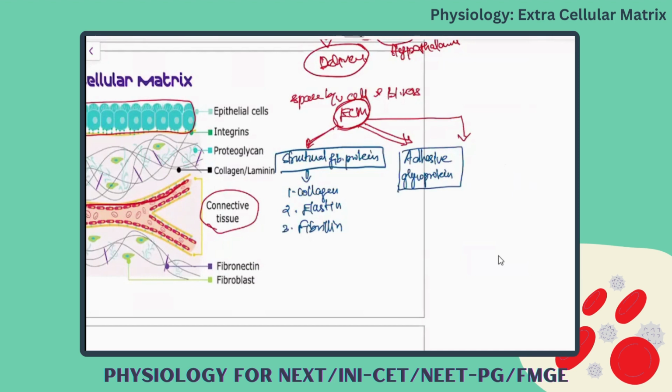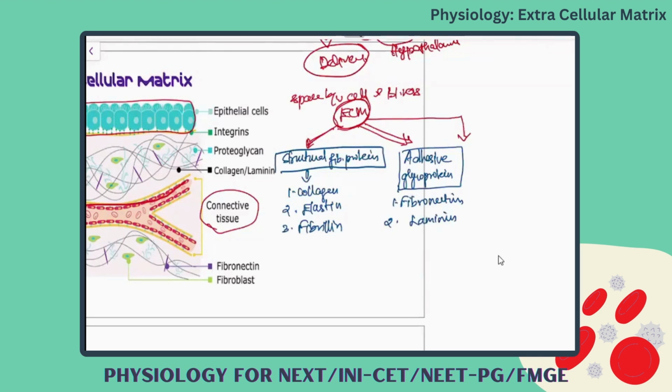The structural fibrous proteins are present in the extracellular matrix, and they need to be kept in position so that the cells, connective tissues, and blood vessels will all be in their location. For maintaining that, you need the adhesive glycoproteins. They are fibronectin and laminin.